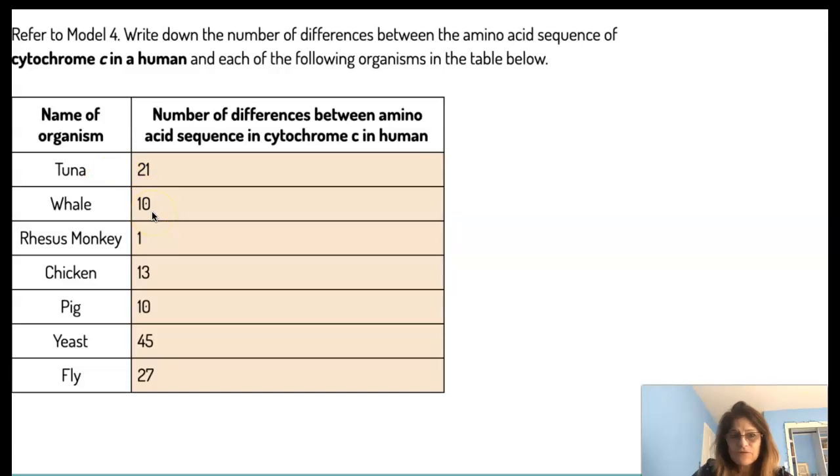There are 10 differences when you compare a human to a whale. There's only one difference when you compare a human to a rhesus monkey. There's 13 differences comparing a human to a chicken, 10 differences between human and pig, 45 differences between human and yeast, and 27 differences between human and fly.